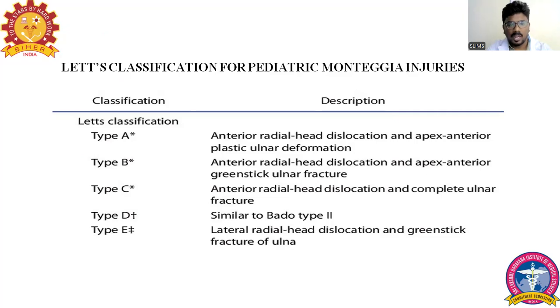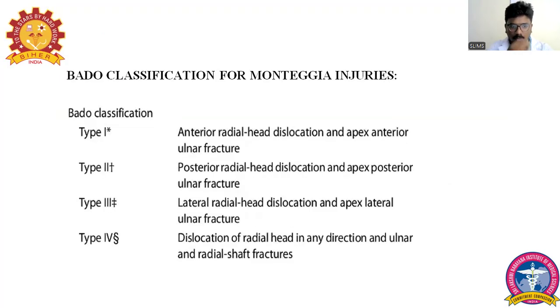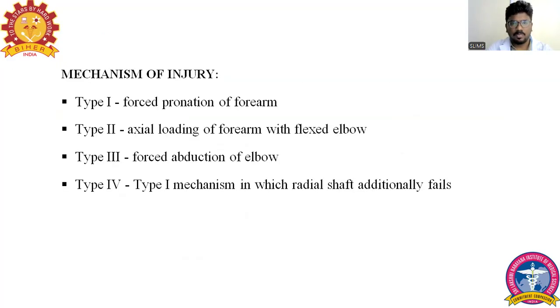Type D correlates with Bado type 2, where there is a posterior dislocation of the radial head. In type E, there is a lateral dislocation of the radial head, which corresponds to Bado type 3. Again, as you have already seen in the picture, this is Bado type 1, 2, and 3.